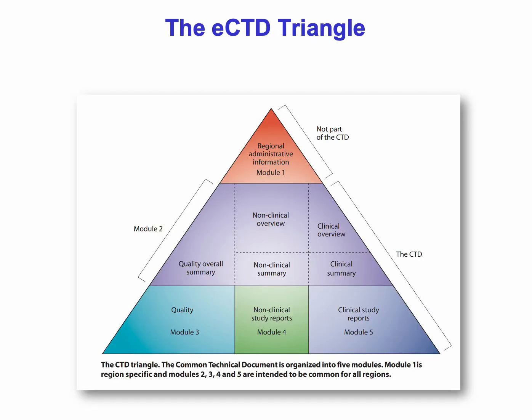Now, in this slide, we are just reviewing what is in the eCTD triangle. As I already mentioned, and you can see here, you have the top of this pyramid, which is the non-part of the CTD.